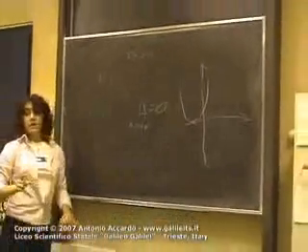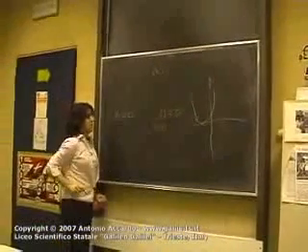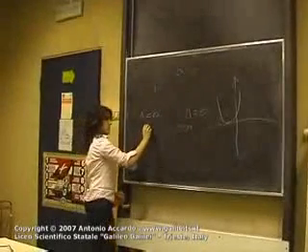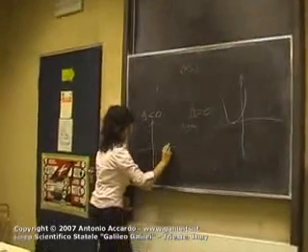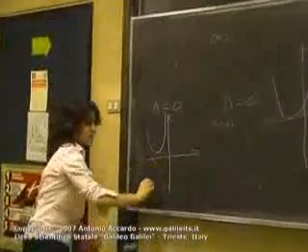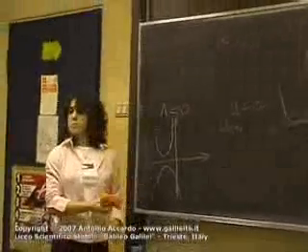If delta instead is less than 0, then there will be no intersection points because we don't have real solutions. Which means that our parabola will be either entirely above the x-axis or entirely under the x-axis. Okay. Yes, perfect.